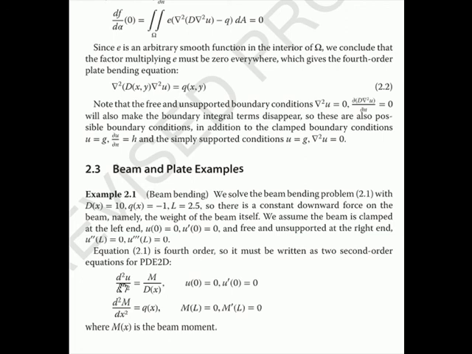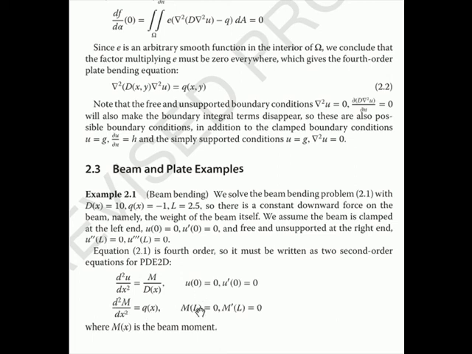Now PD2D will not solve fourth order problems directly. You have to break a fourth order problem into two second order problems. So we're going to define M to be D times the second derivative of U, called the moment, and then the second derivative of M will be Q. Since M is basically D times uxx, this says that D times the fourth derivative of u is equal to q.